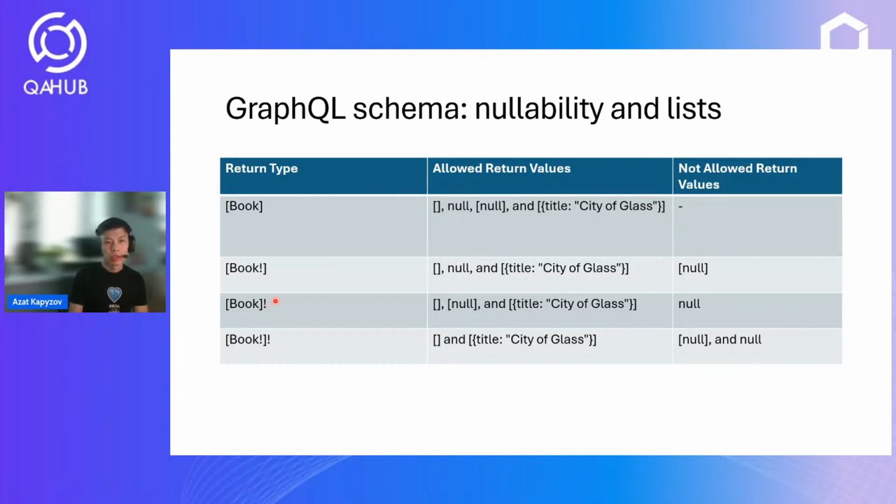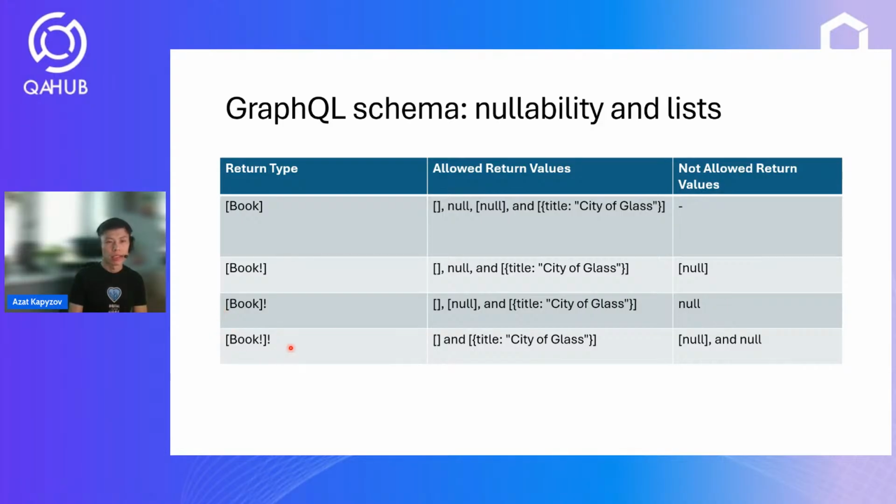Another case: when we set this exclamation mark outside of the list, that means that the list itself cannot be null. I mean, the response itself cannot be null. So as valid values we can get an empty list, a list which contains a null, and a list that contains some object, but we cannot get a null.